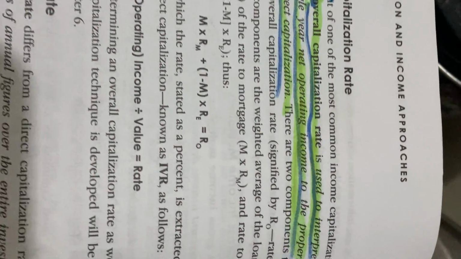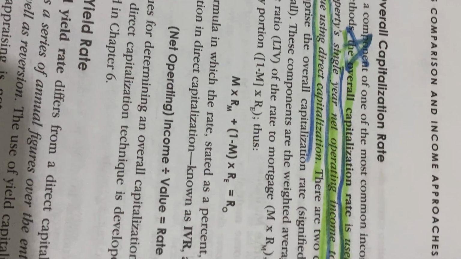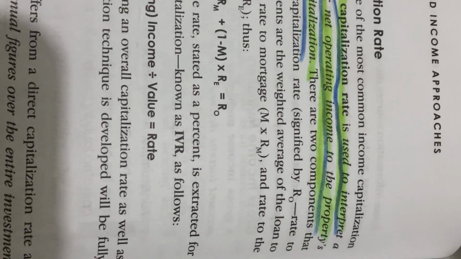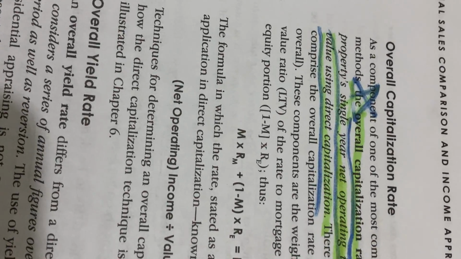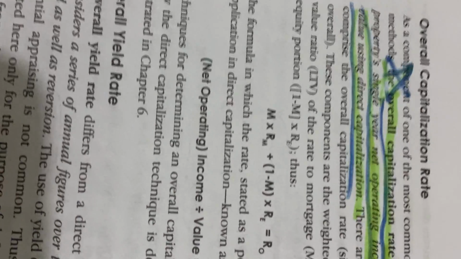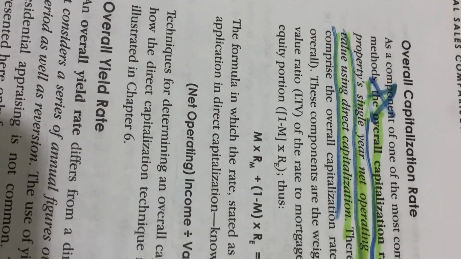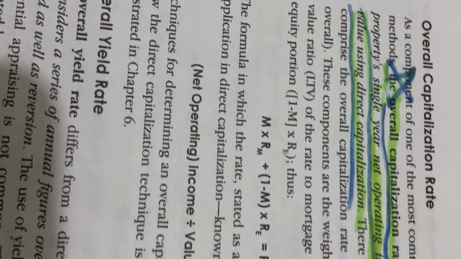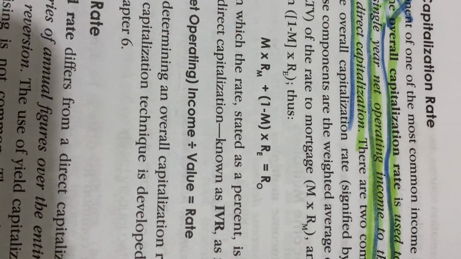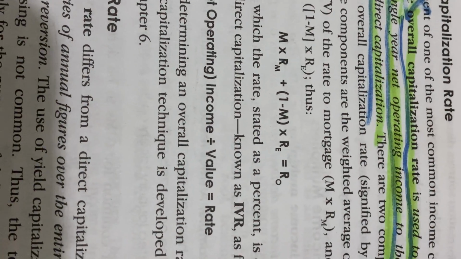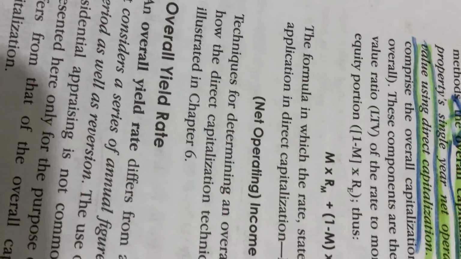That's highlighted, know that. There are two components that comprise the overall capitalization rate, signified by the RO symbol, which means rate to overall. These components are the weighted average of the loan to value ratio, LTV, of the rate mortgage, M times RM, and rate to the equity portion.